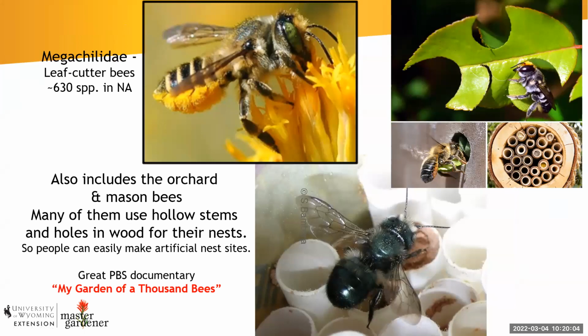We also have the alfalfa leafcutter bee, which belongs to the Megachilidae, and there are about 630 species that we know of in North America. The majority of them are natives, and we call them leafcutters because they utilize cavities, but they make a little container for the ball of pollen and nectar that they forage for, and then they lay an egg on that, and then they seal up that container.